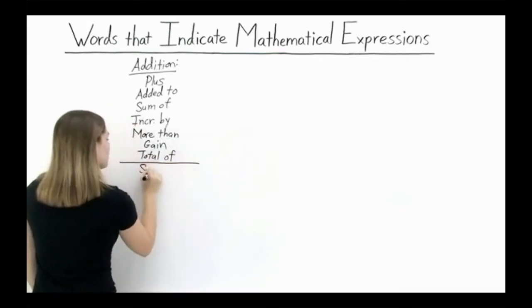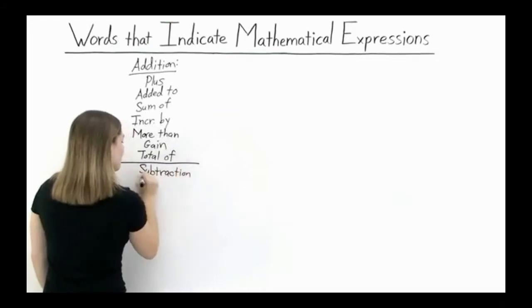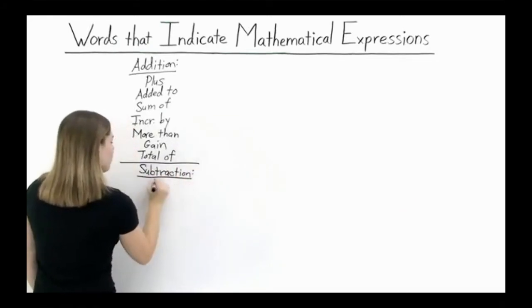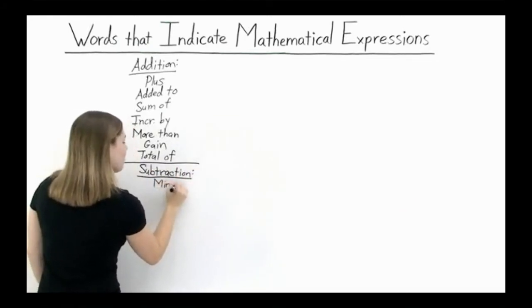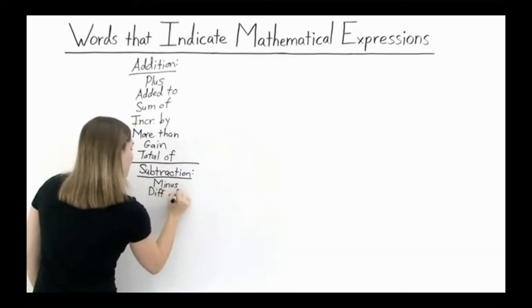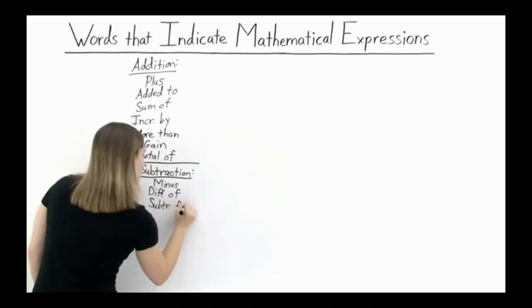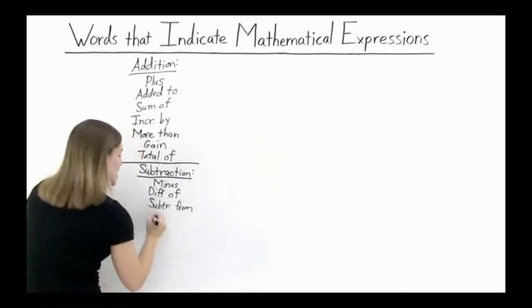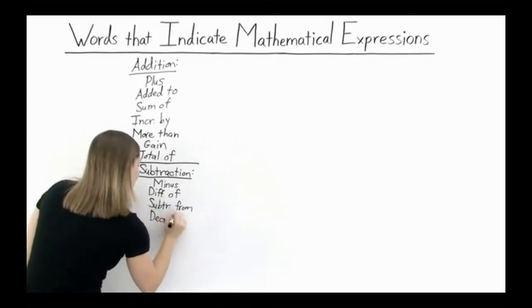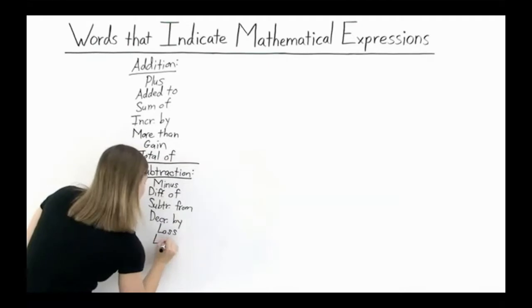Here's a list of words that when we read them mean subtraction. First, we have minus. Then we have the difference of, subtracted from. Then we also have decreased by, loss, and less than.